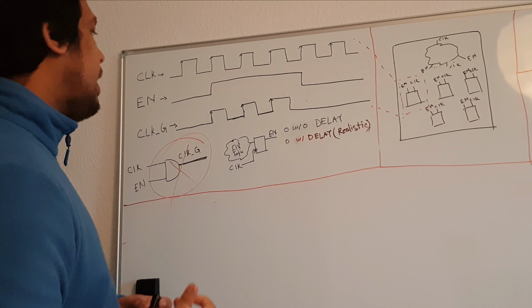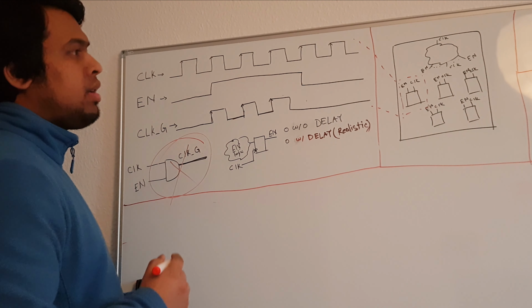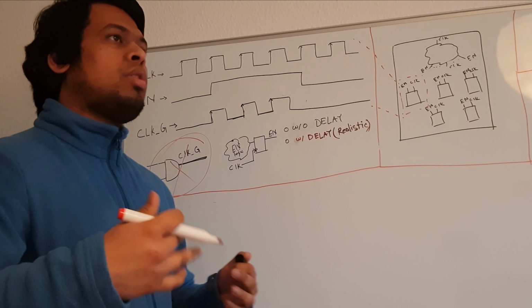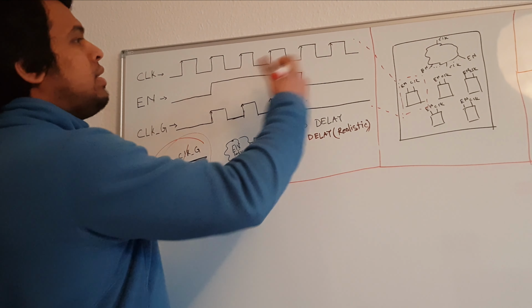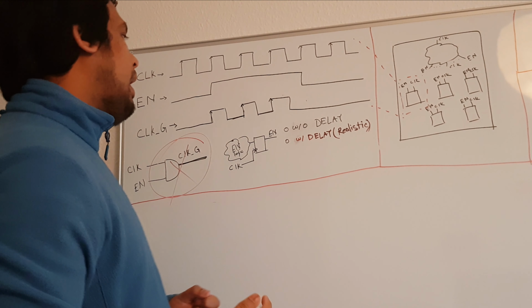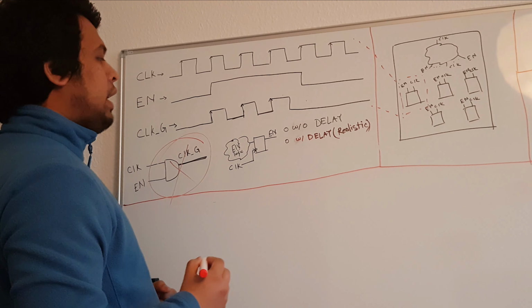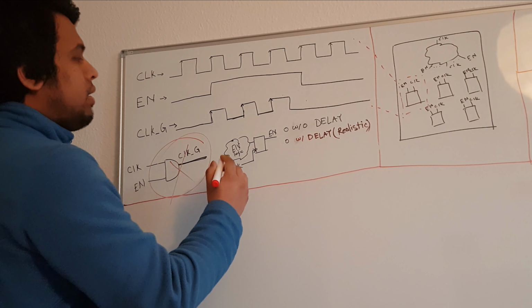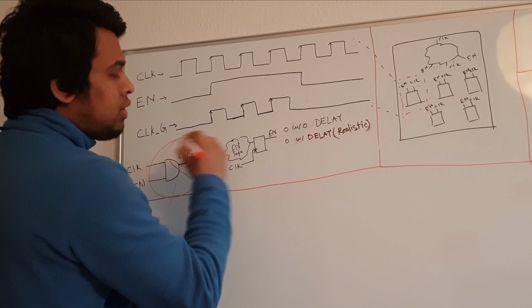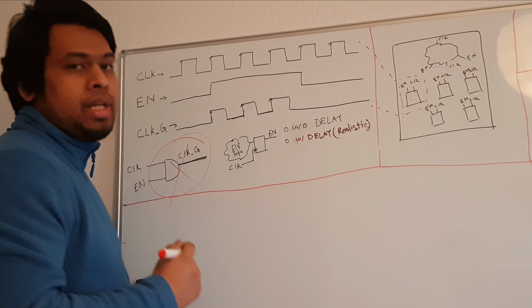By this logic we are creating the enable signal to activate this module. There is a very good chance that we would also like to buffer this signal, so we have a delay of the combinational logic here, and we also have the clock to Q delay here.